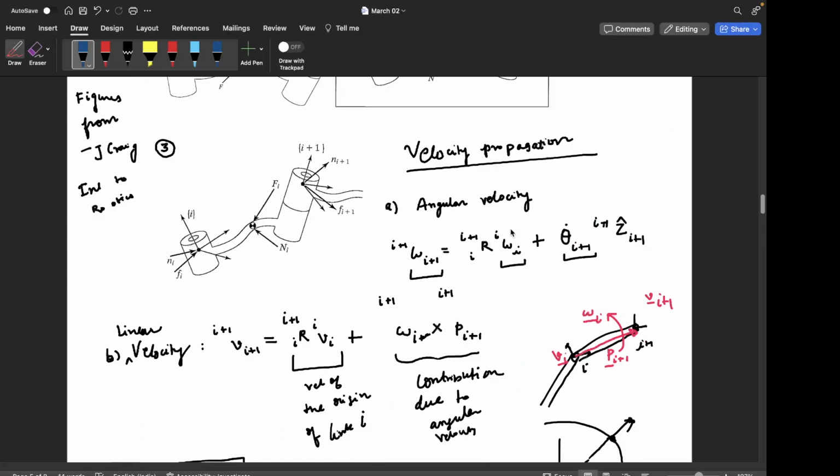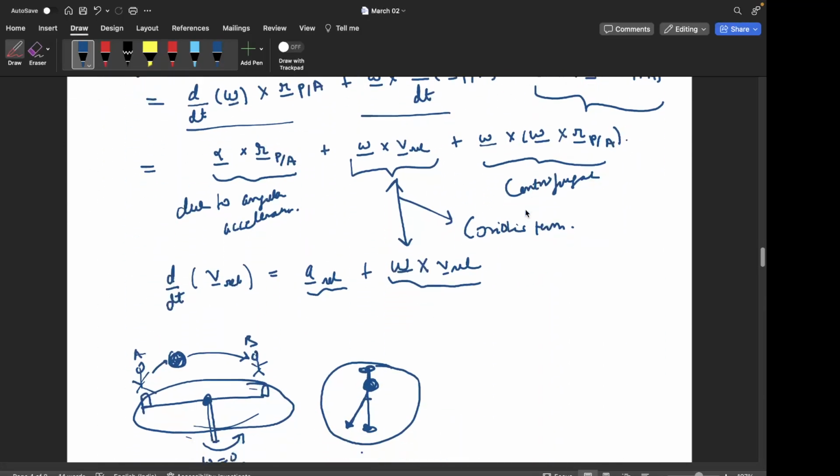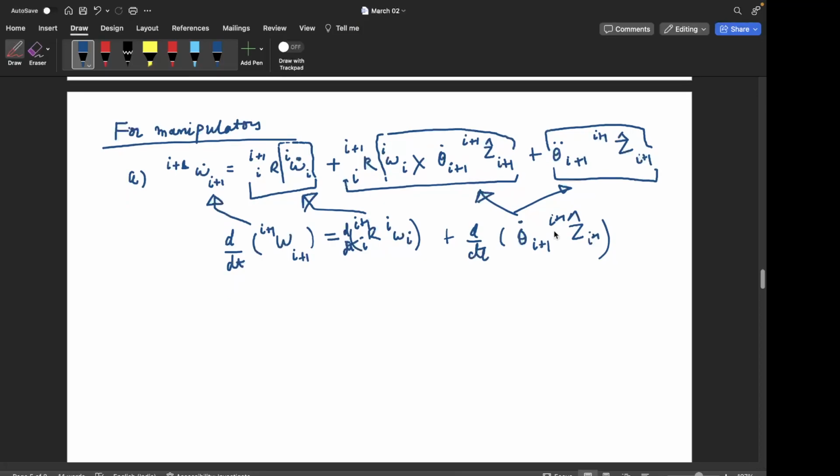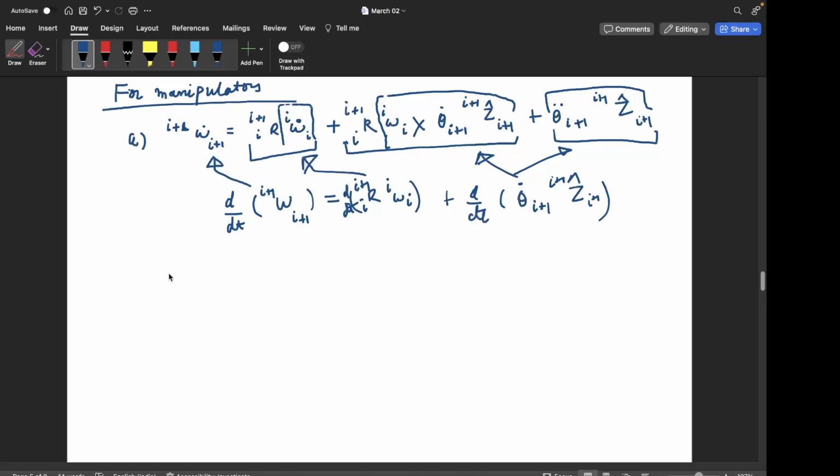Okay, so this equation has two terms here, right? The first term gives rise to the first term there also. Differentiation of the second term gives rise to the second and third term here. Okay, so one is normal differentiation of this quantity, and the other comes up because the differentiation is in the rotating frame, and the frame in which it is being differentiated is rotating by angular velocity omega I. Okay, so this is how we get the expression for angular acceleration.